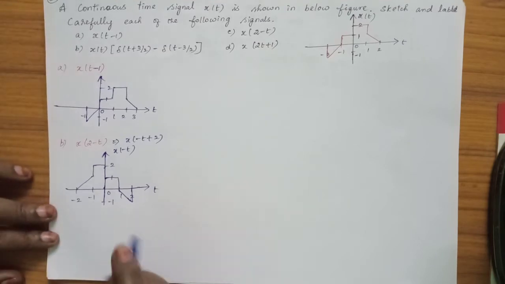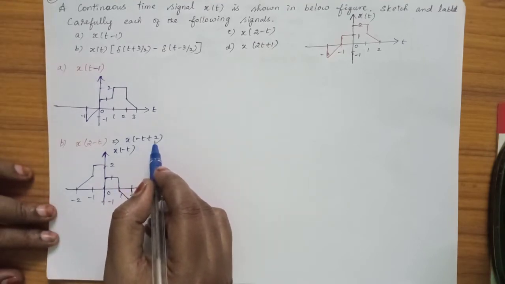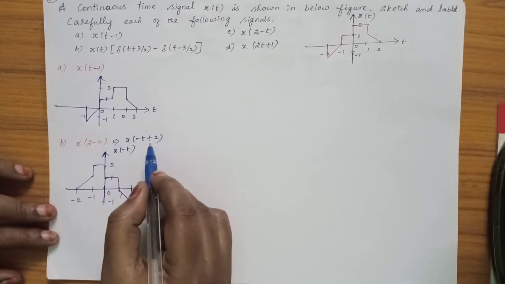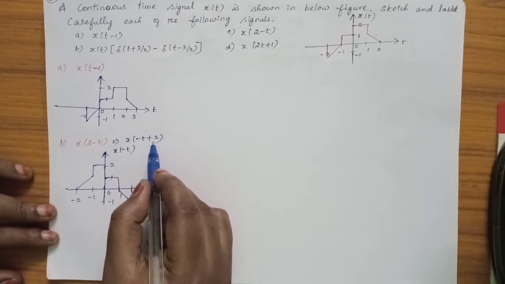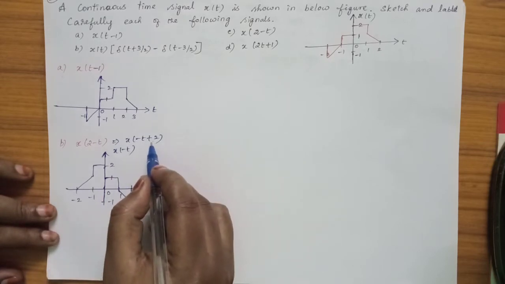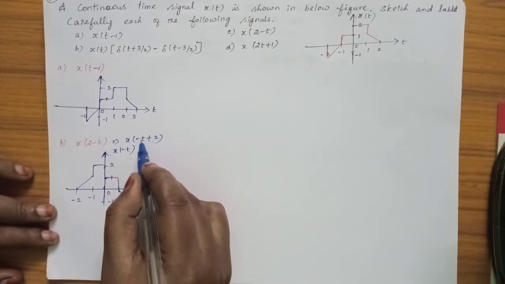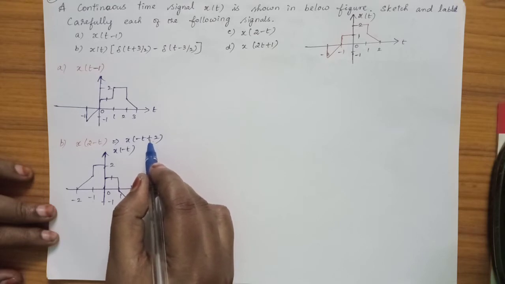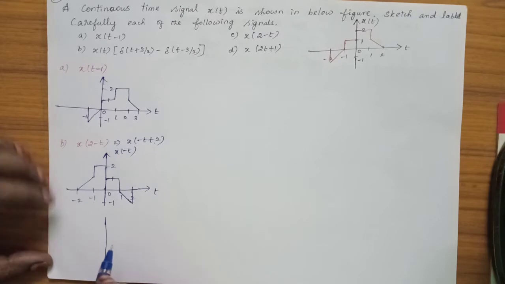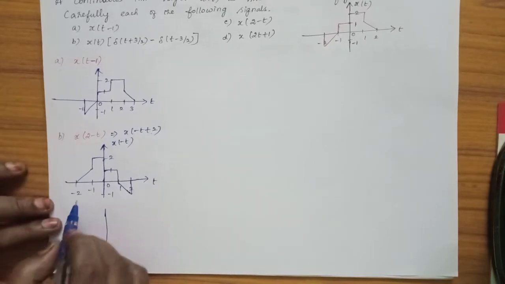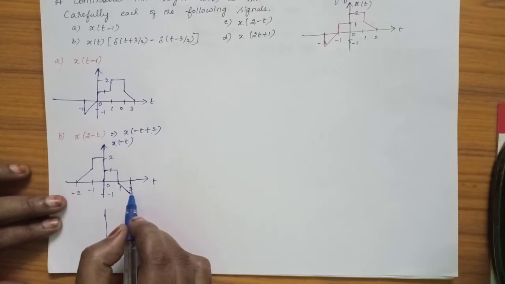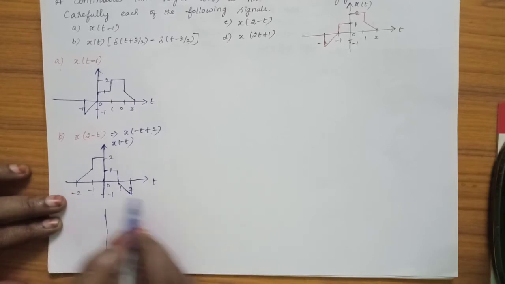After that we need to do x of minus t plus 2. So the time shifting of the reversed signal can be obtained by adding to the time limits. Here minus t plus 2, so we need to add plus 2. So if I add plus 2, minus 2 plus 2 is 0 and 2 plus 2 is 4, the new limits will be 0 to 4.